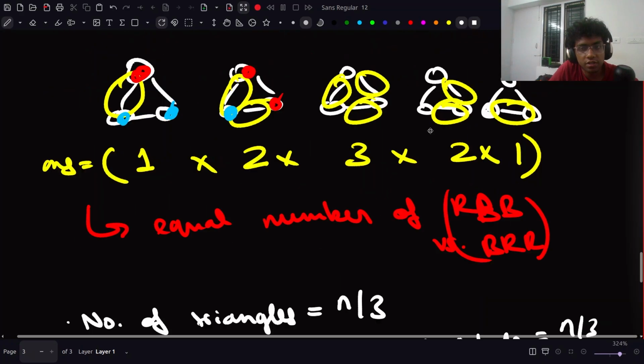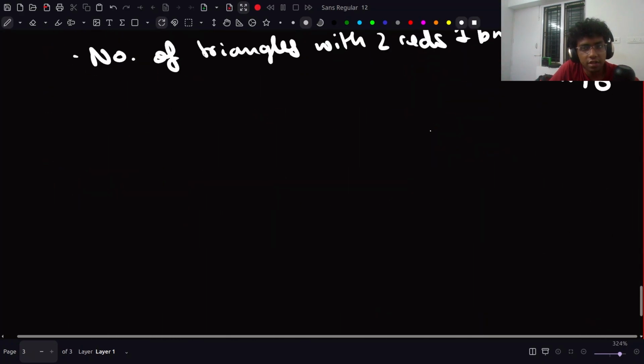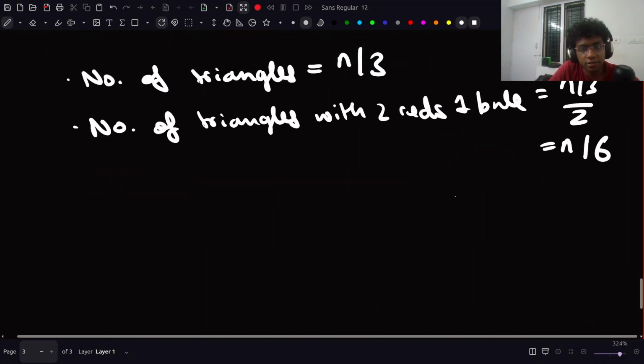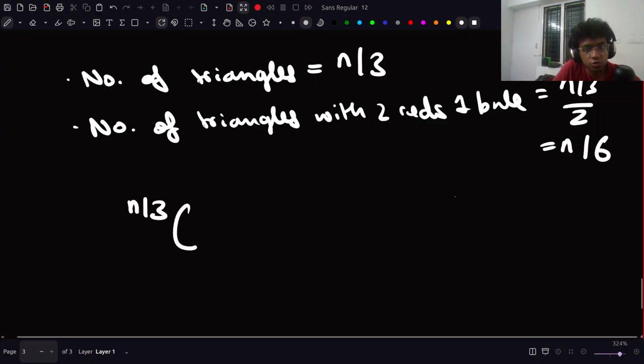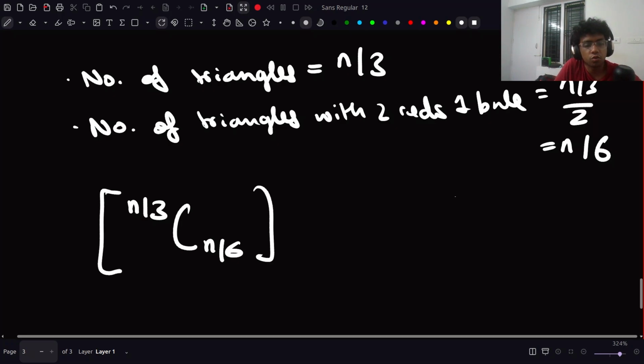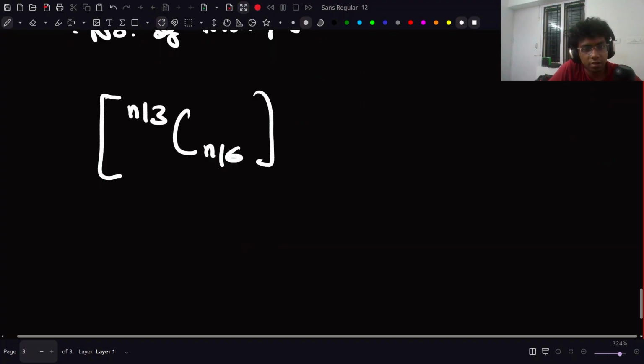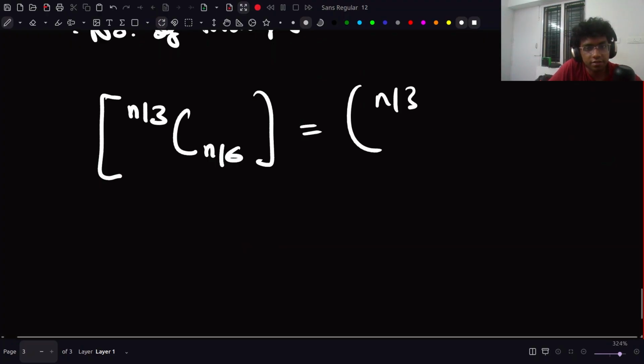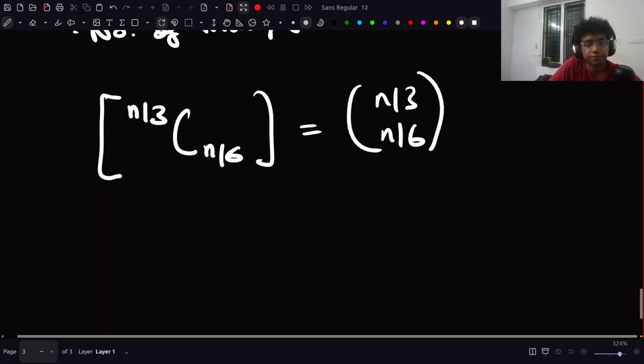So how do we choose these triangles? We simply do total number of choices, choose how many we're choosing, so that will be simply n by 3 choose n by 6, right? So this is the quantity we need.